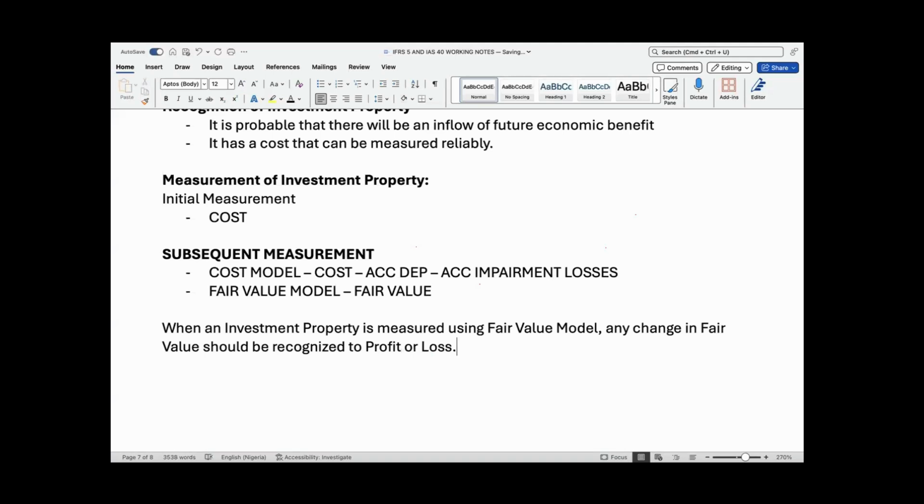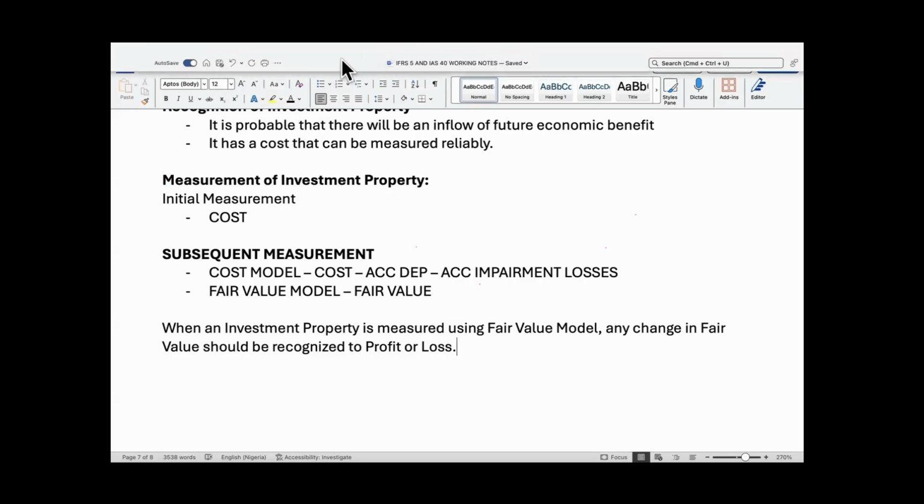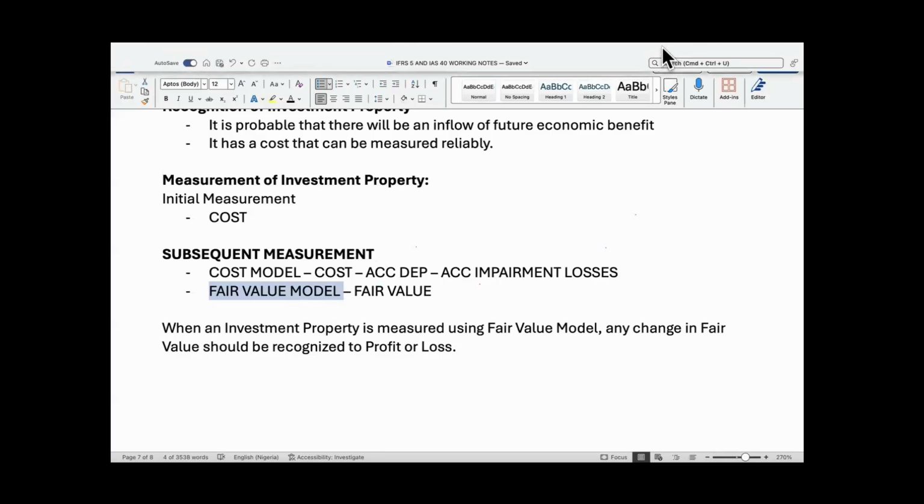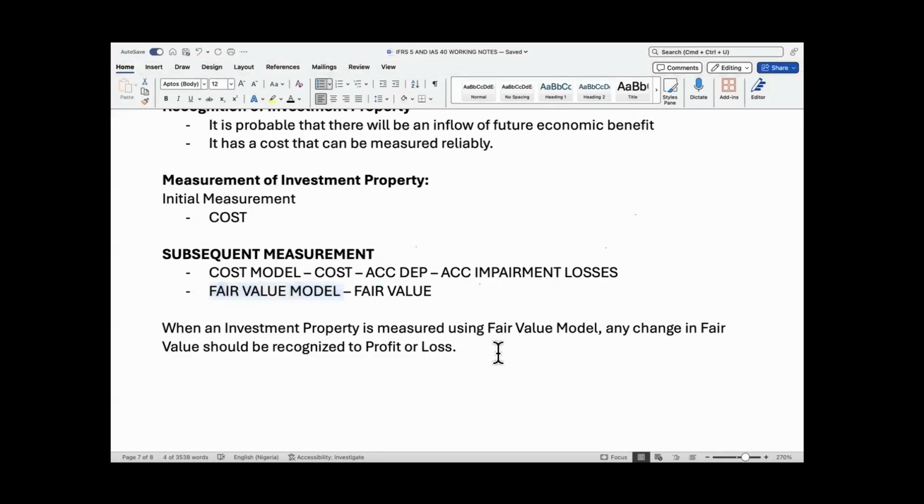Any changes in fair value should be recognized to profit or loss. So this is different from the revaluation model that we learned in PPE, intangible assets, all of that, where changes in value are recognized to revaluation surplus. But this one, changes in value are recognized to profit or loss.